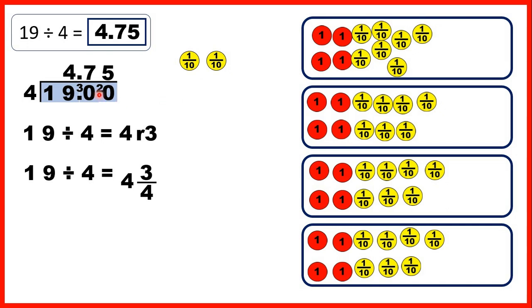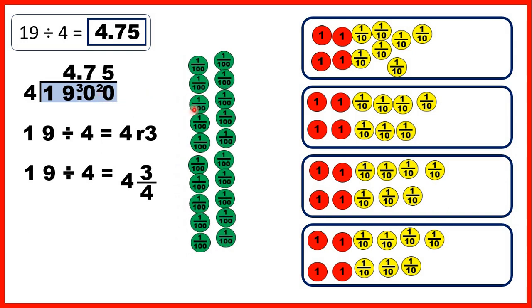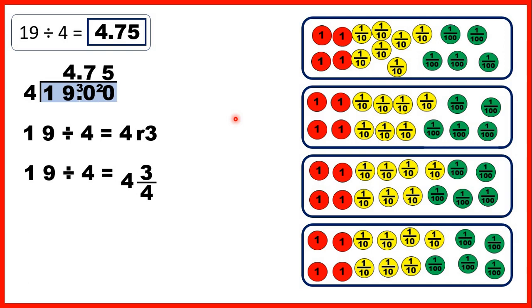We put that remainder 2 in front of our hundredths digit, because we can change each of our tenths into 10 hundredths. So when we do that, altogether we have 20 hundredths, and we can share out all of those 20 hundredths with 5 hundredths in each group, so that's why we have 5 in the hundredths digit of our answer.